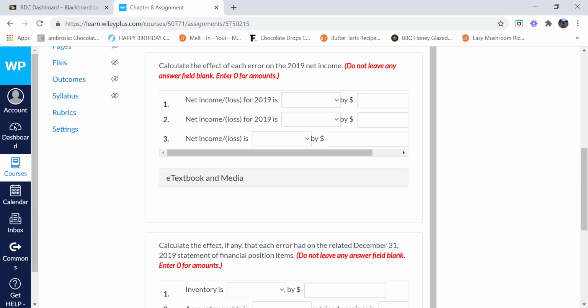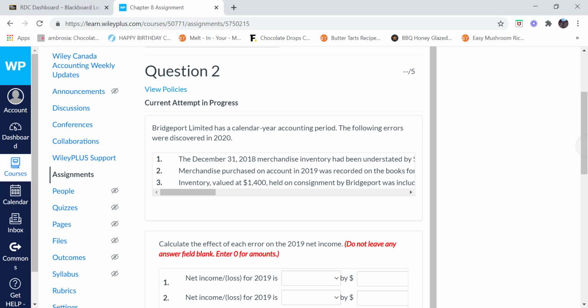The second one is a little more cumbersome. It's talking about errors, and students typically struggle with following the logic of errors. So if I look at the first example, our December 2018 inventory has been understated.